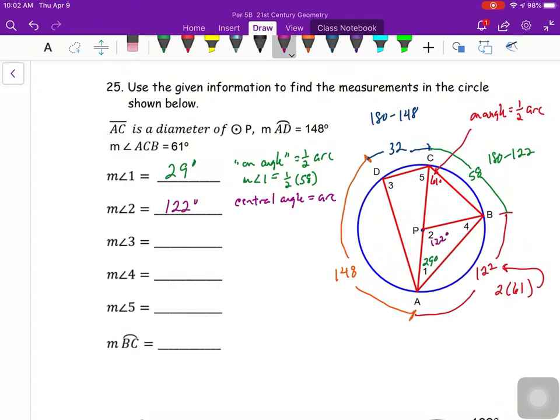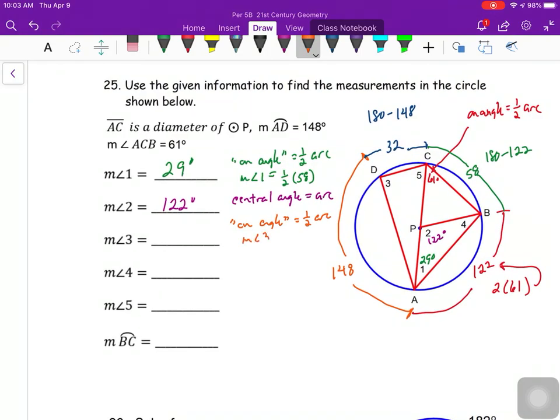Angle 2 is a central angle. It's equal to the arc. So angle 2, 122 degrees. Angle 3. Angle 3 is an on angle. It equals half of the arc. So the measure of angle 3 is half of a semicircle. So it's 90.